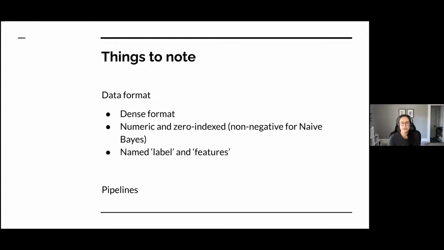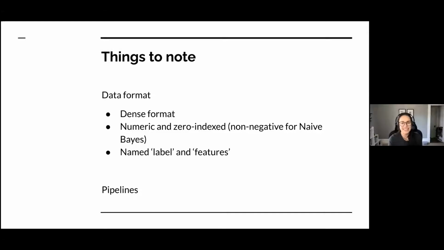So, things to note before I jump over into the Jupyter Notebook. As I said, for MLlib your data has to be in a dense vector format, so you can't have separate features for input into the model. You need to transform it first. Like many other machine learning models, most, I guess, your data has to be numeric.